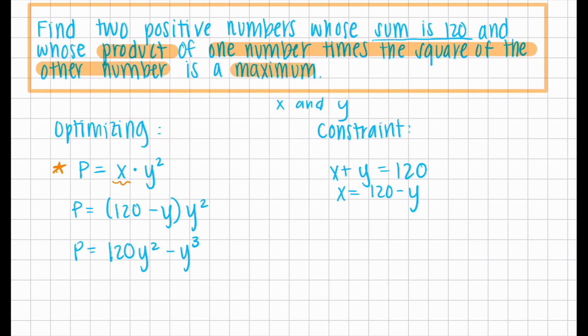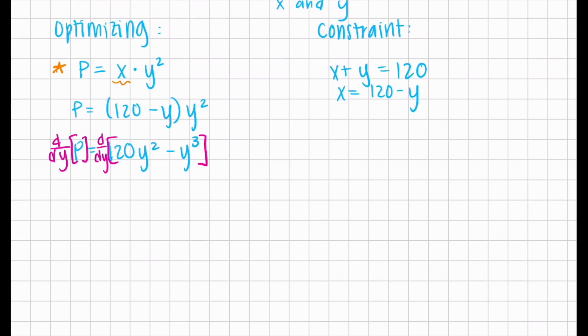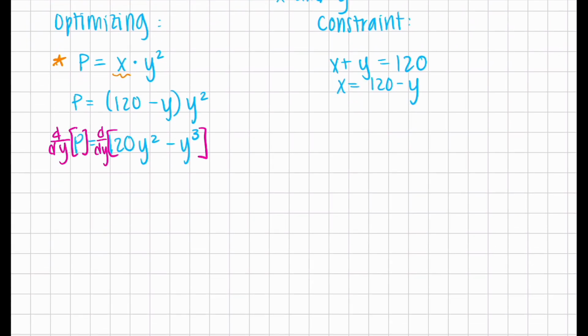Now that we have that, I'm going to take my derivative with respect to y on both sides of the equation. And we get, on the right side, dP/dy equals 240y minus 3y squared.